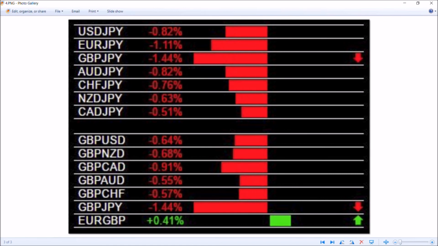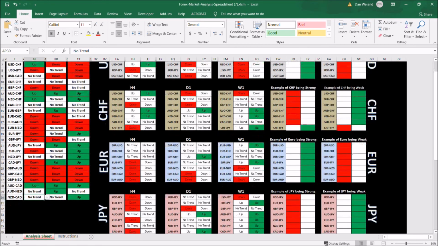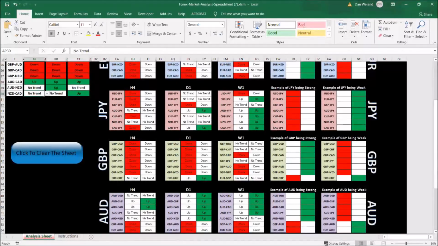So at analysis, you've filled out the analysis spreadsheet. This tells you what has happened, tells you who is strong and who is weak. In this case, the pound is very weak. You set your trade plan and you find your support or resistance for your target, and then you wait for your price line to be hit.